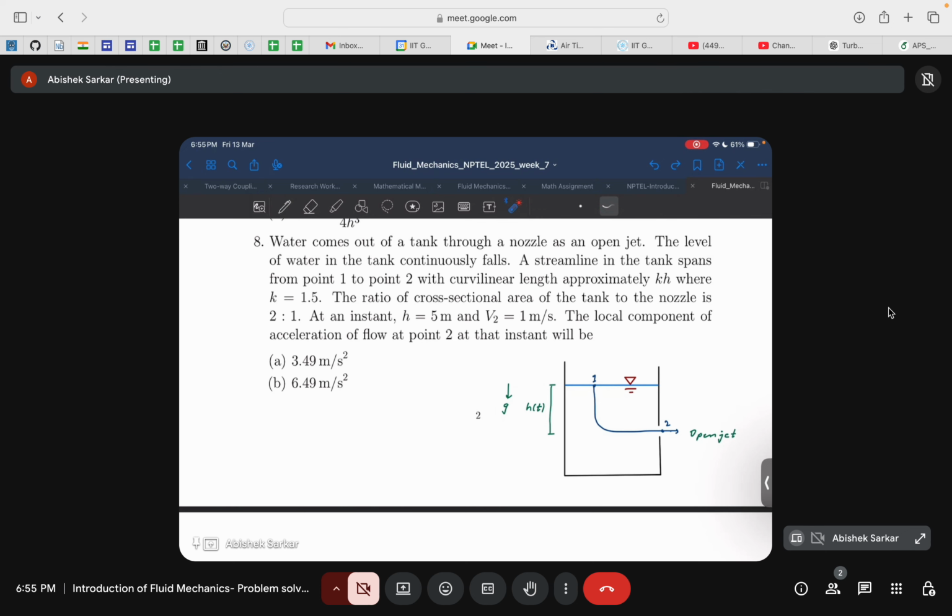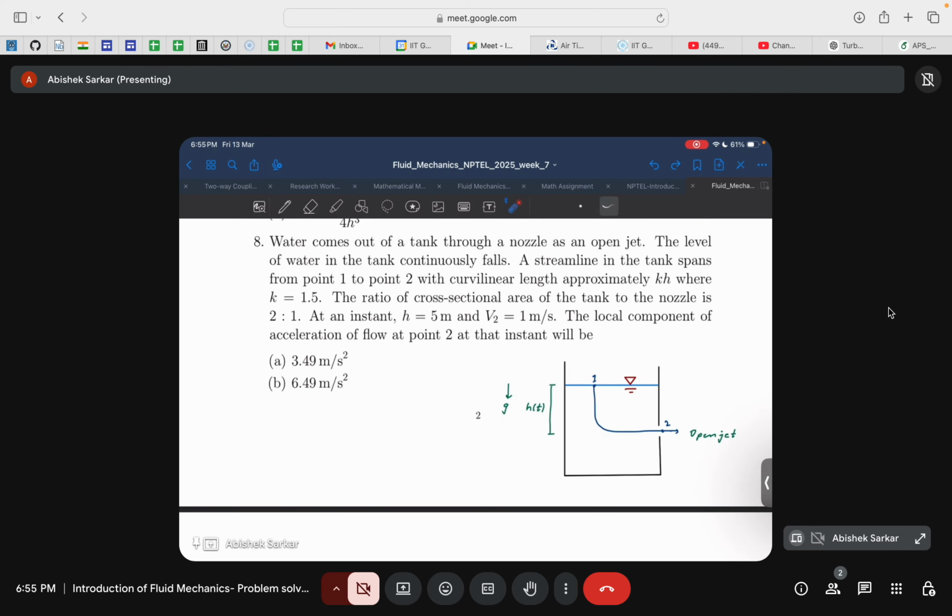The question: at an instant h is equal to 5 meter, v2, the velocity at the exit, is 1 meter per second. The local component of acceleration of the flow at the point 2 at that instant of time will be, question mark. So we need to find the acceleration component at the instant of time when h is equal to 5 meter.